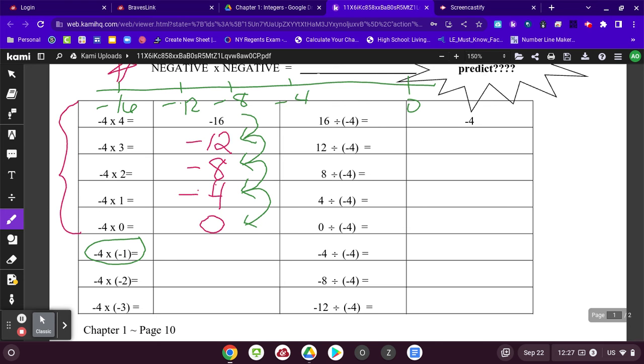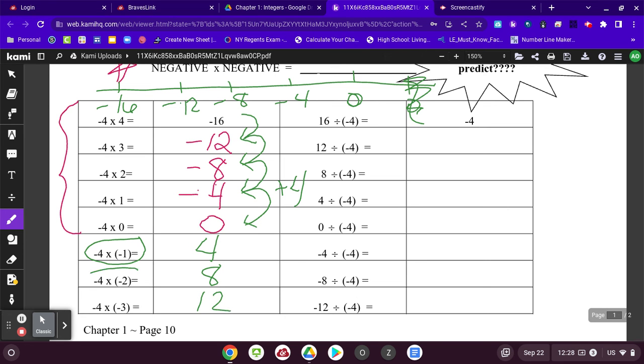Negative 4 and then 0. Okay, so these are all increasing by 4. Negative 4 plus 4 is 0. So 0 plus 4 is 4, and 4 plus 4 is 8, and 8 plus 4 is 12.